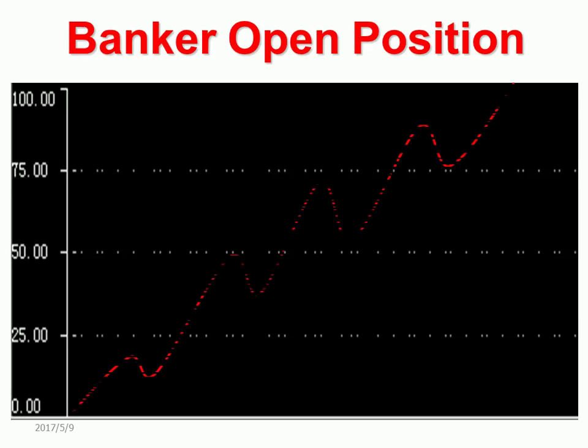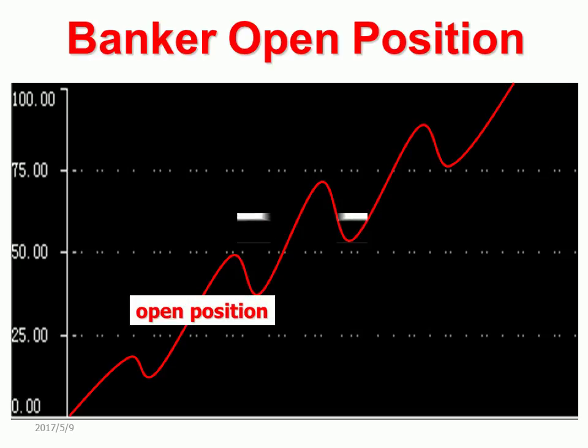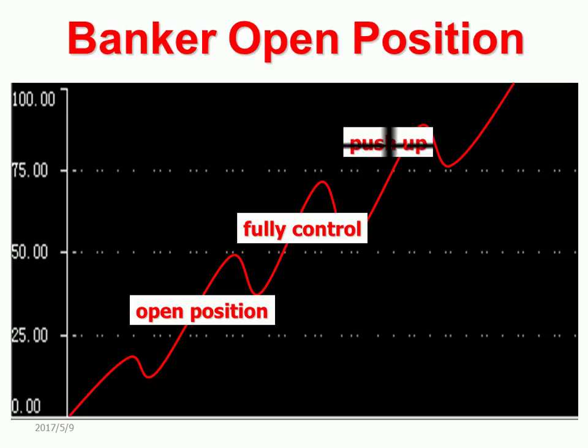So the banker open position. The first one, open position, fully control, then push up the price. Okay, so if you see the red bar is above 25 for open position, above 50, fully control. Then below 50, start to outflow. Okay.